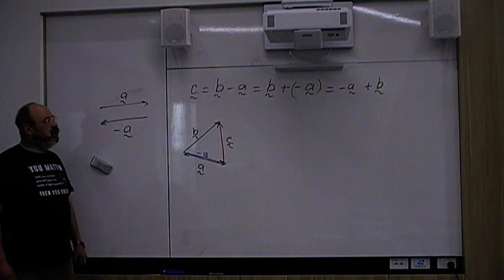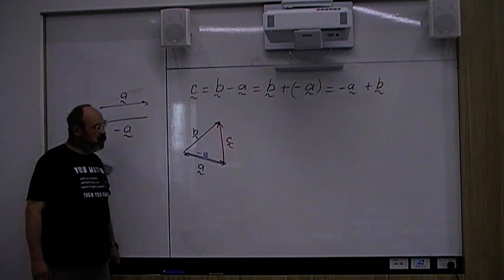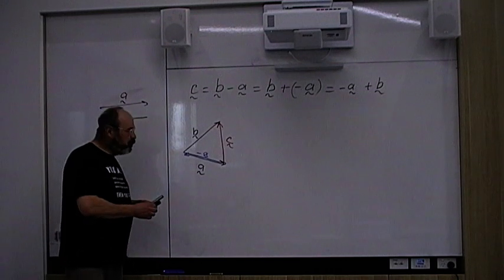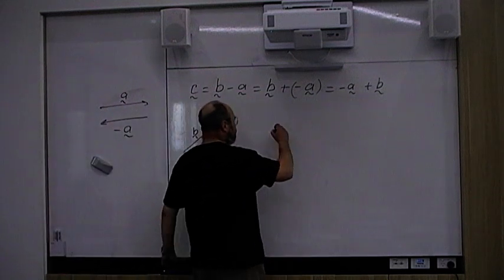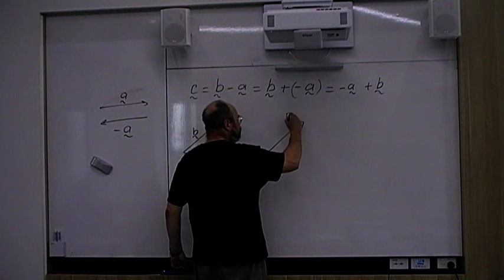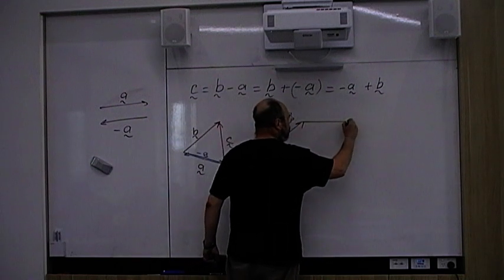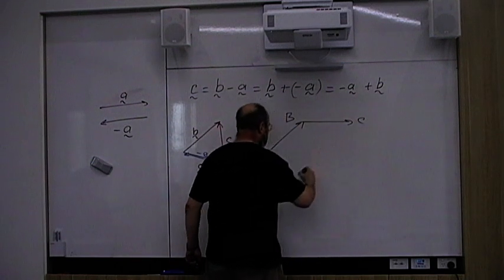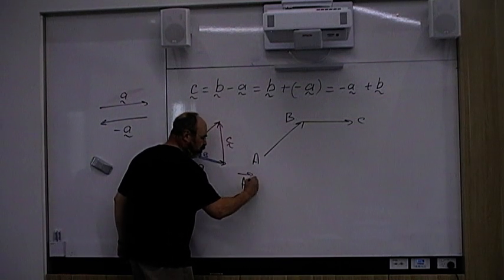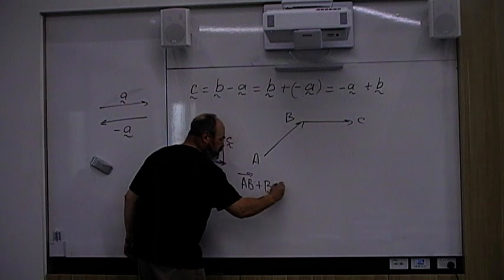Now, if we're using the two-letter notations, which denote the beginning and the end, let's say vector AB plus vector BC.